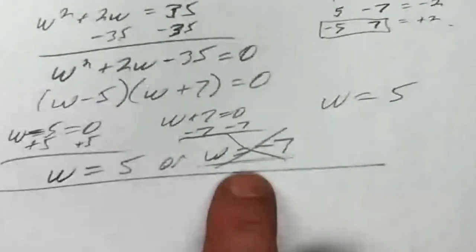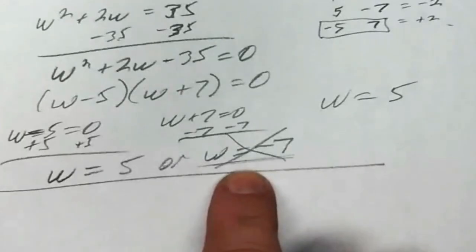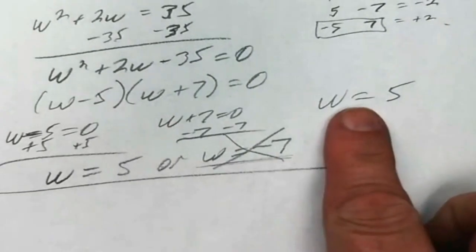Where is negative 7? I can pull it out all the way to the end and not find negative 7. So think about that. I'll put this back up on the screen. So yeah, we throw out the negative 7. That's just not even a valid answer. It doesn't make any sense in this context. W equals 5 is the only answer.